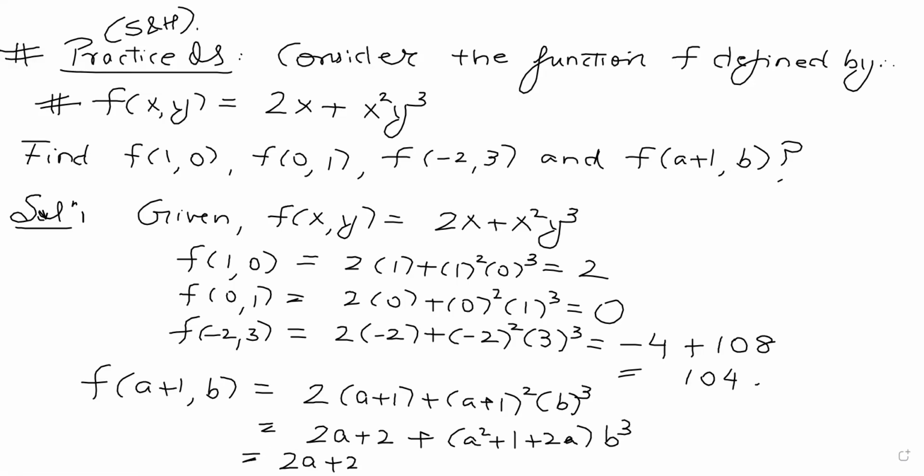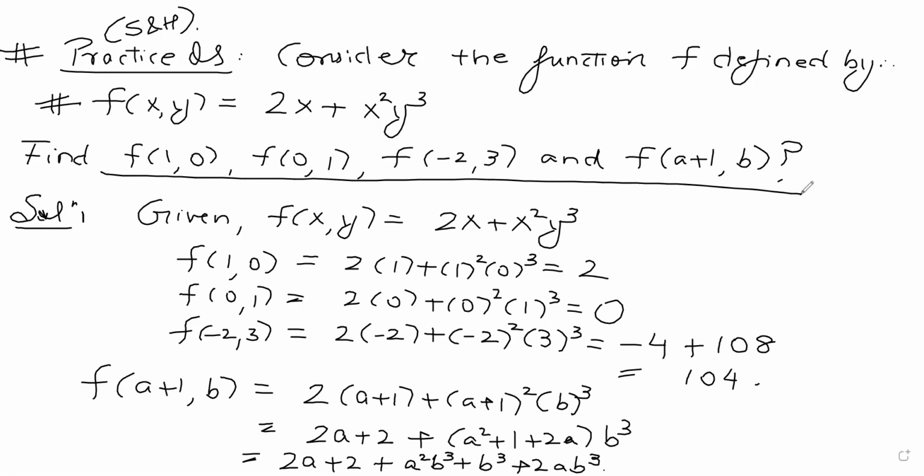You can simply open up the brackets. Okay. So this was a very simple question. Objective was to just tell you that if we are given the function f of x, y, how can we find the images formed by 1, 0, 0, 1, minus 2, 3 and a plus 1 comma b.